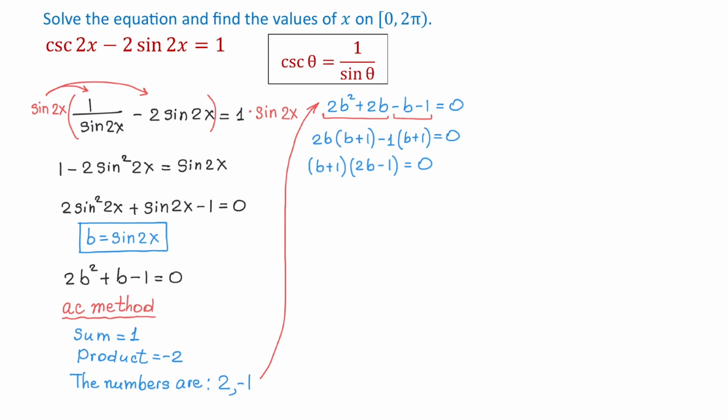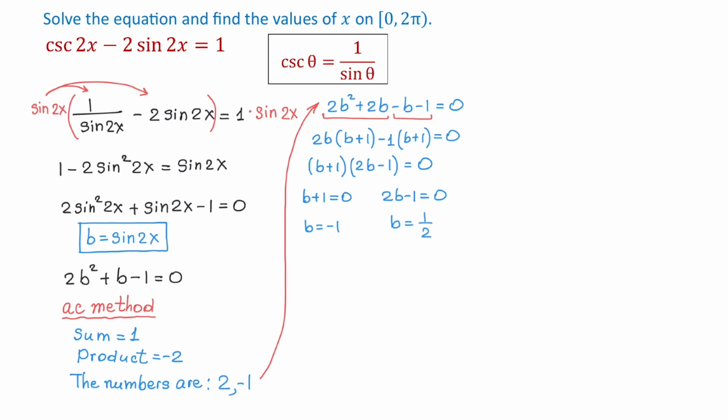And now we will use the zero product property to set each factor equal to 0. So we will write that b plus 1 equals 0, or 2b minus 1 equals 0. Then in the first equation, b equals negative 1, and in the second, b equals positive 1/2.